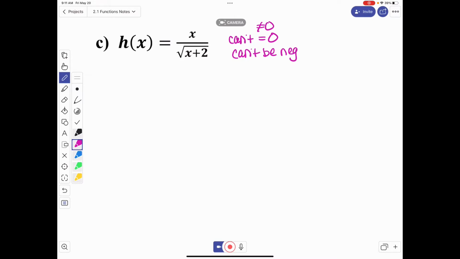To figure out what it can't be on this one, we're going to take the x plus 2 and say that it has to be greater than 0. It's got to be greater than 0 because it's got to be positive, and it can't equal 0. So I'll get x is greater than negative 2, and if I put that in interval notation, remember greater than is going to infinity. Think of all the numbers that are greater than negative 2. So negative 2 gets a parenthesis, to infinity.